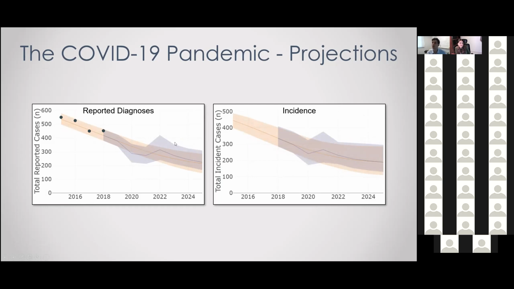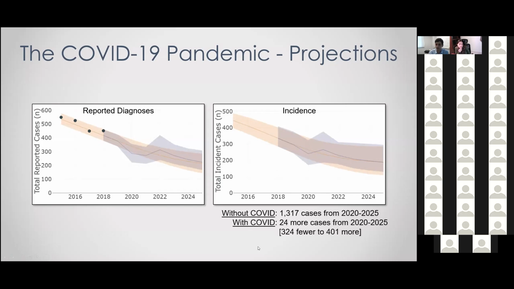This color here is what would happen under a range of different possible simulations for what COVID-19 does to HIV transmission, right? You get this wobble here, a little bit of drop in incidence, then a little bit of rebound, diagnoses drop, and then rebound. But the uncertainty intervals are wide.